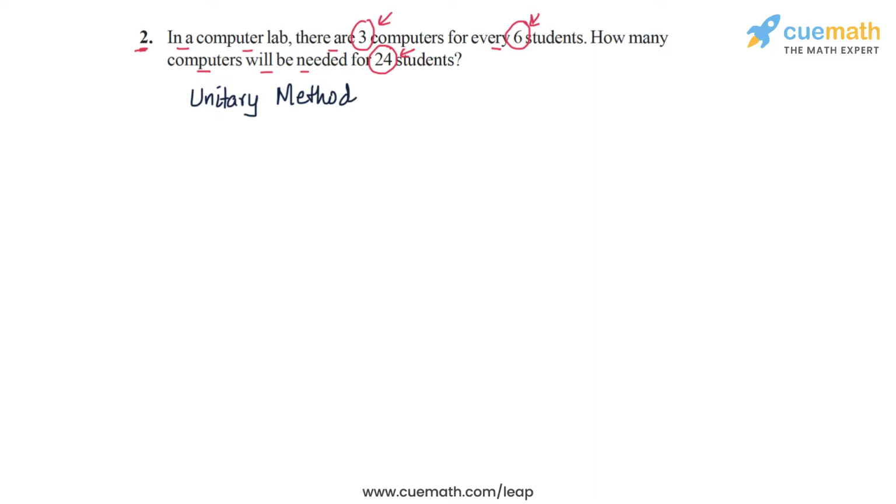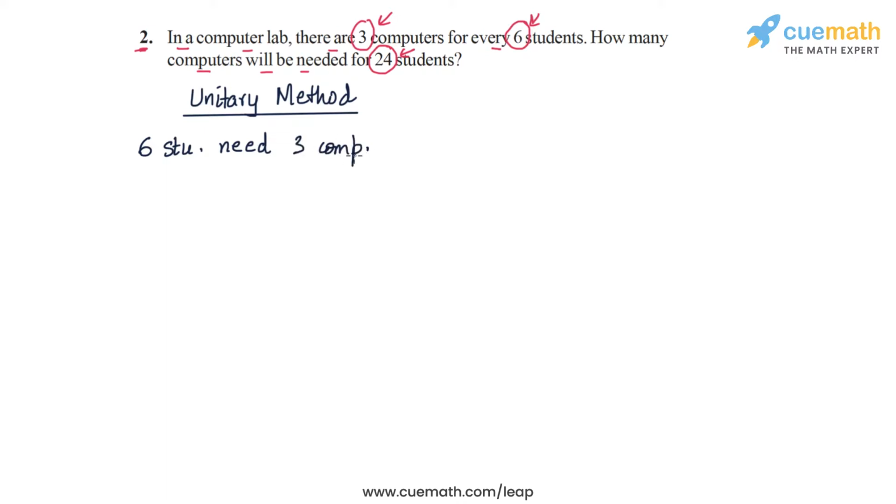Let's first apply the unitary method to solve this problem. To apply the unitary method, we note that there are 3 computers for every 6 students. So we can write this as 6 students need 3 computers.